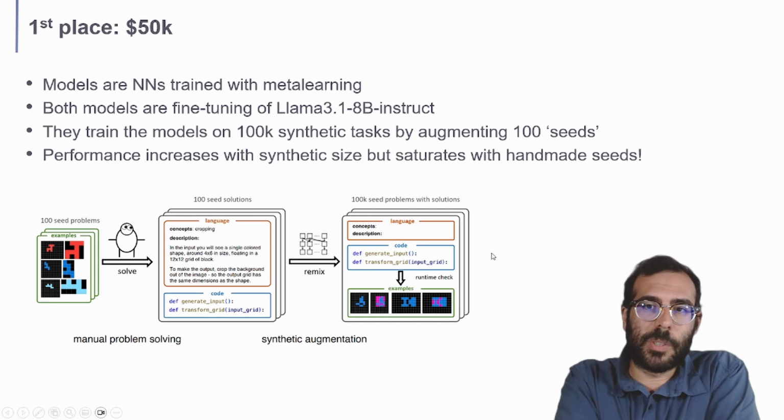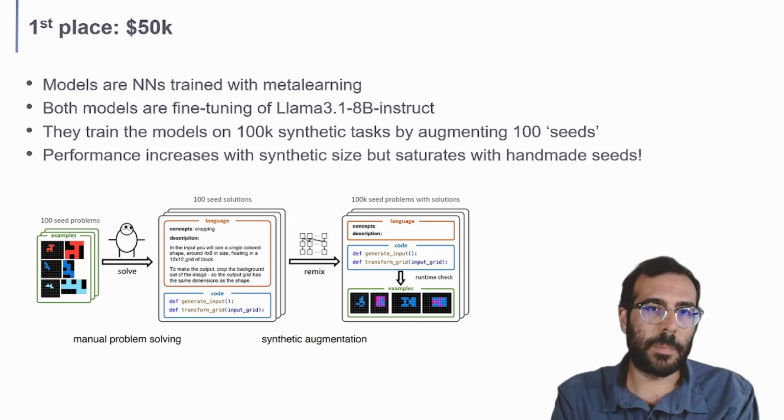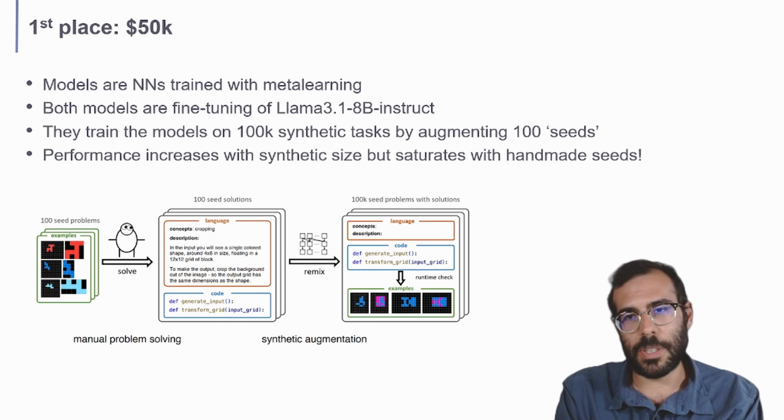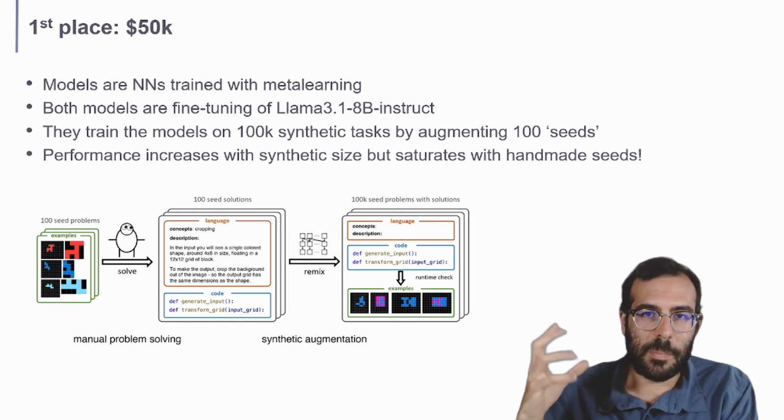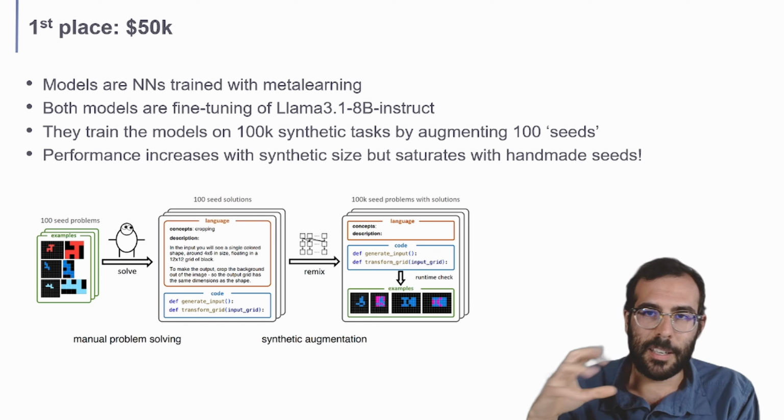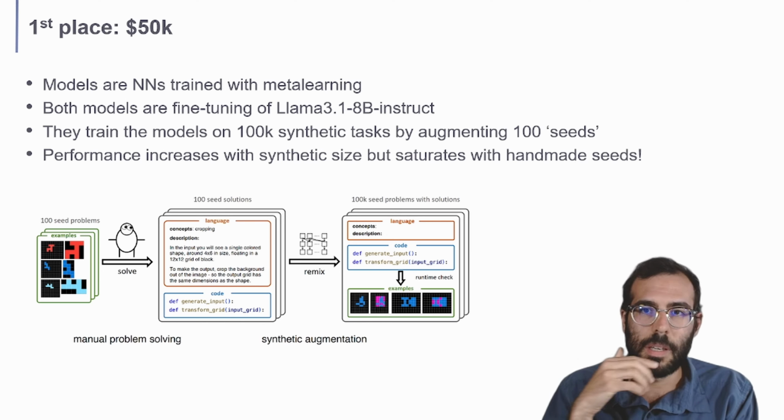One really interesting observation that they make is that the performance increases with the synthetic size, but saturates with the seeds, which means that essentially, if you make 100 seeds, all the concepts that you need to solve ARC are somewhere in those seeds.